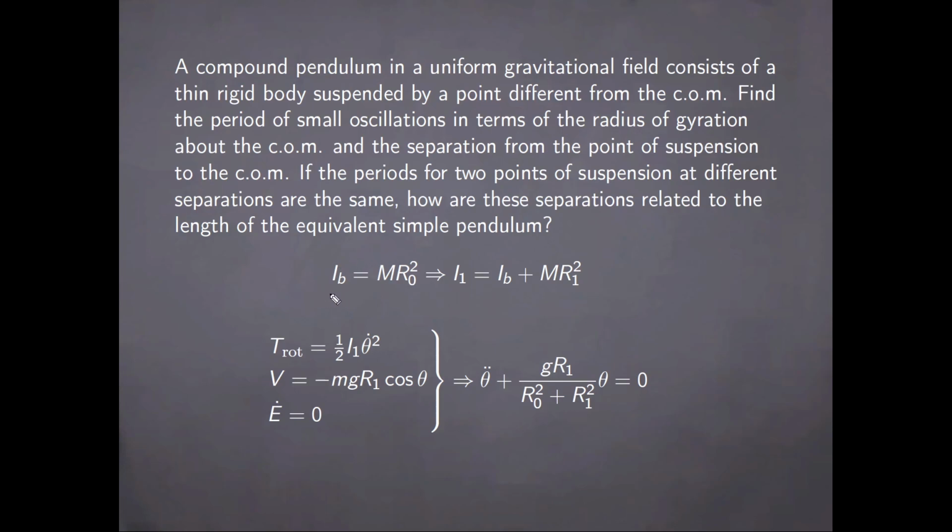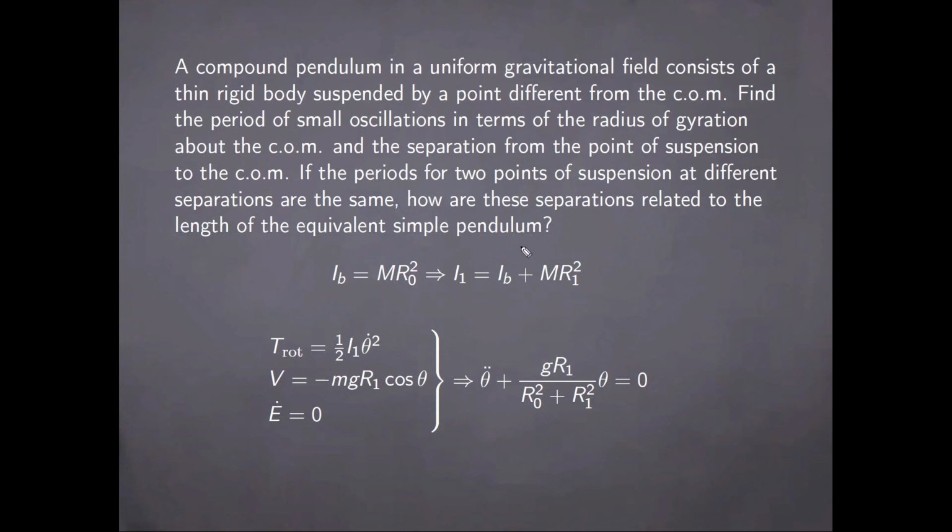To answer this, we look first at the moment of inertia for rotation about an axis perpendicular to the pendulum and going through the center of mass. And we write this in terms of the radius of gyration of the compound pendulum. And then by the parallel axis theorem, we can write the corresponding moment of inertia about an axis parallel to this one, but being separated from it by a distance r in some direction along the pendulum.